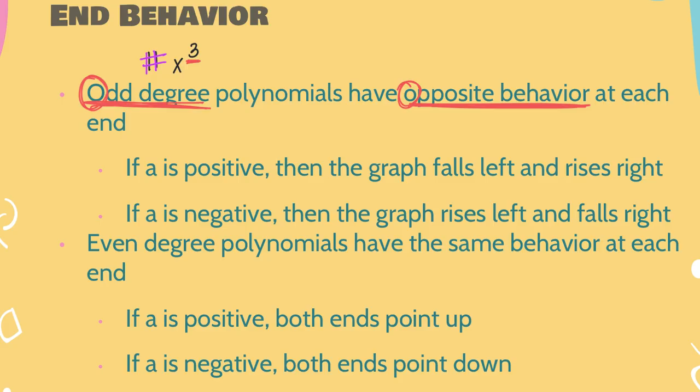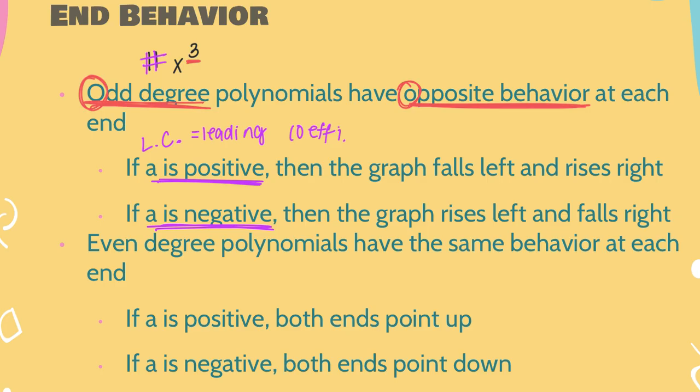Now how do I determine which one falls or which one rises? That has to do with my leading coefficient. Oof, shouldn't have an equal sign here. My leading coefficient, okay? So now I'm going to look at that number. It doesn't matter if my number is odd or even. I'm going to determine whether that number is positive or negative.